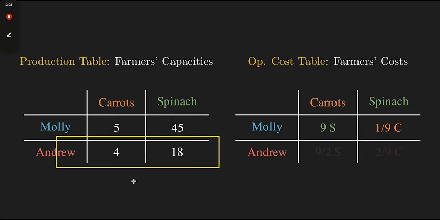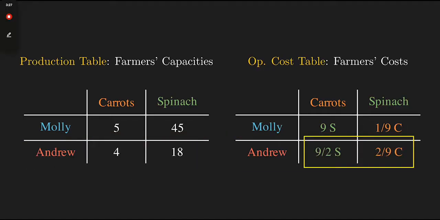So we're going to find the opportunity costs for each crop for Andrew. And these are his opportunity costs. So for every unit of carrots Andrew grows, he gives up 9/2 units of spinach. And for every unit of spinach he grows, he gives up 2/9 units of carrots.